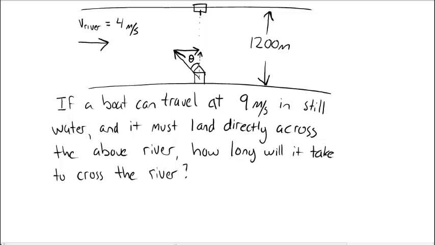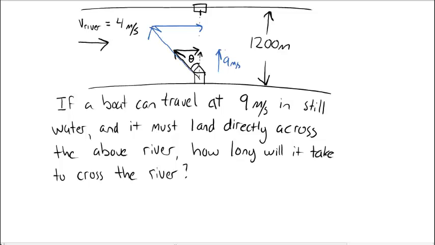So if I redraw this a little bigger so we can see a little better. The boat can travel at 9 meters per second in still water. So that's the fastest that the boat can travel. If there's no river, it's traveling at 9 meters per second. If the boat aims perpendicular to the river, it still travels at 9 meters per second in this direction.